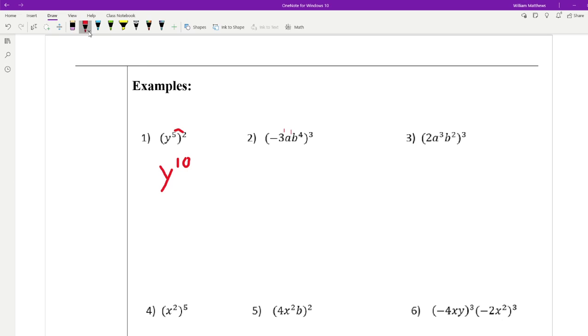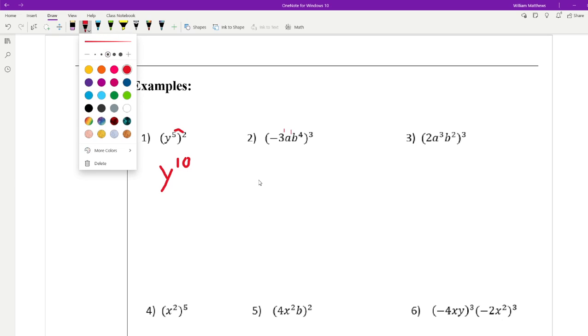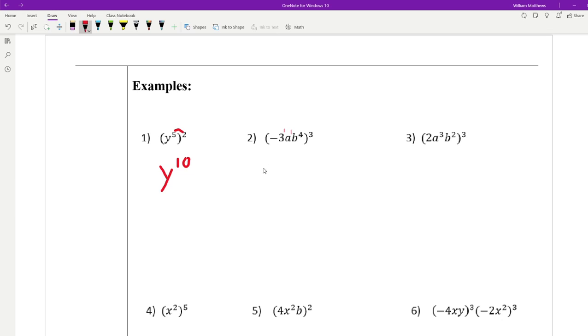So for our coefficient, it will be negative 3 to the power of 3. We will have a to the power of 3, because we are multiplying 1 times 3. And then for our b variable, base value, 4 times 3 gives us 12.